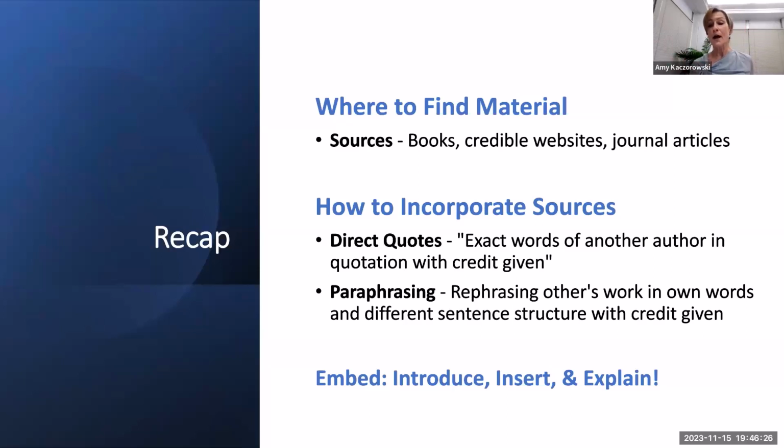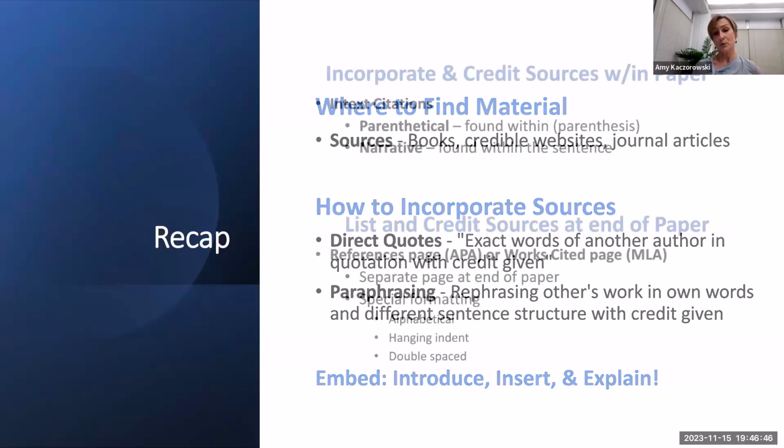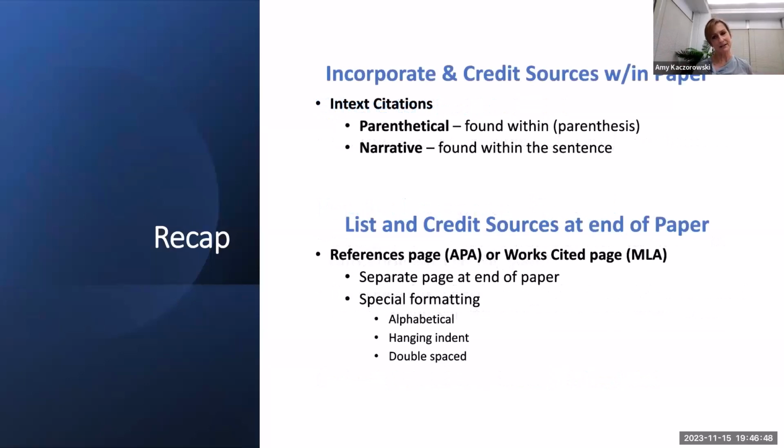And no matter whether you do direct quotes or paraphrasing, you always want to make sure that you embed your quote, which means you set it up with a beautiful signal phrase, you nestle it in the writing you're already working on, and then you explain it before you move on. You really want to make sure that quote is surrounded by your ideas, your work. Then in the latter half of our presentation, we went over the in-text citations, both parenthetical and narrative.